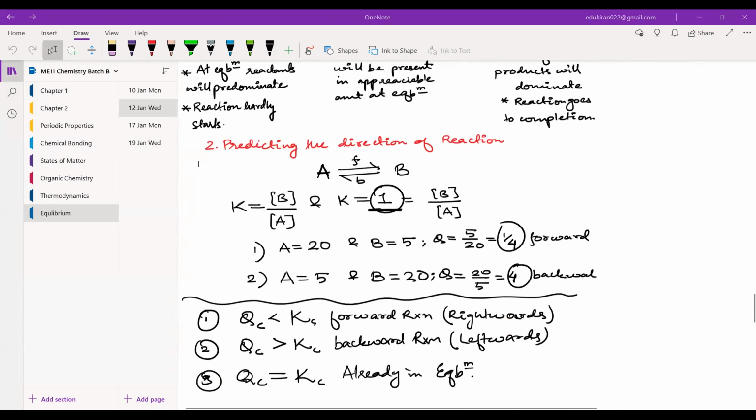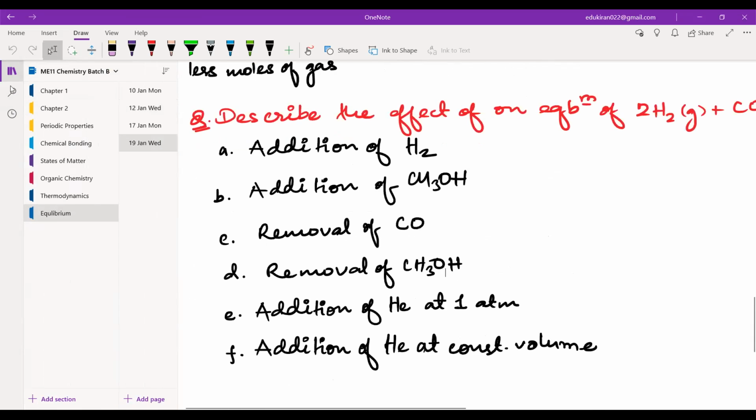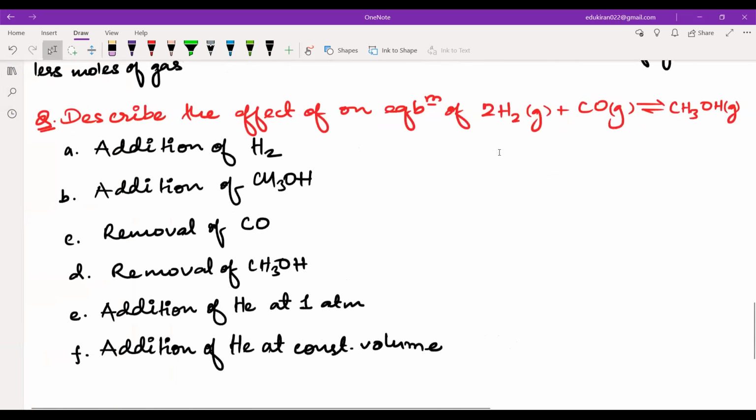You know predicting the direction of reaction, you were in that class, right? Yes, sir. Okay, so if I give you a situation, you can tell me whether it is going to be forward direction or backward direction. Yes, sir. Okay, fine. So I am telling you. Keep your mic on. You have the reaction in which hydrogen is reacting with carbon monoxide to form methanol. The equilibrium has been achieved.